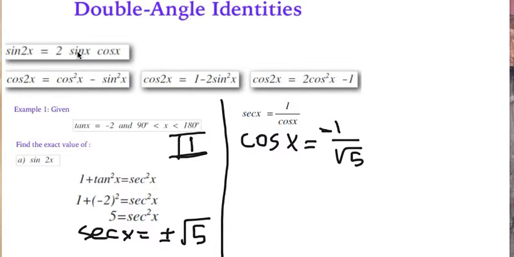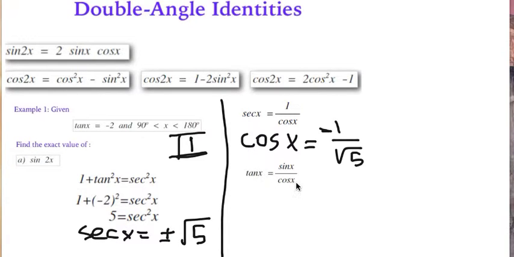To be able to find the value of sine x, we can again use tangent x and the value found for cosine x. What is the relation between tangent, cosine, and sine? Tangent x equals sine x over cosine x.